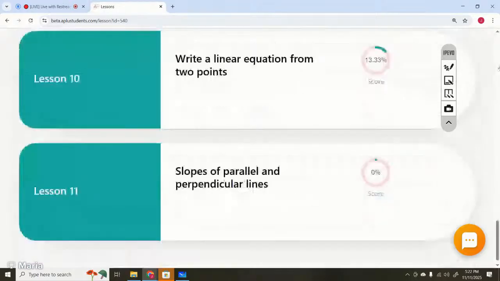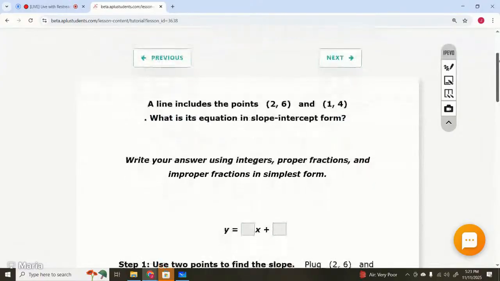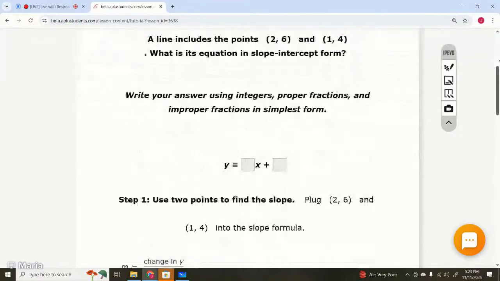Write a linear equation from 2 points. A line includes the points (2, 6) and (1, 4).